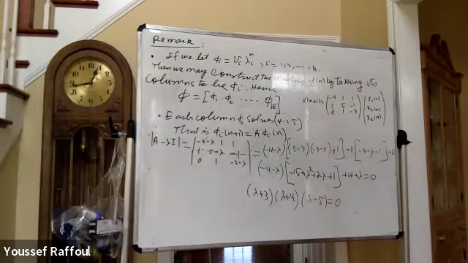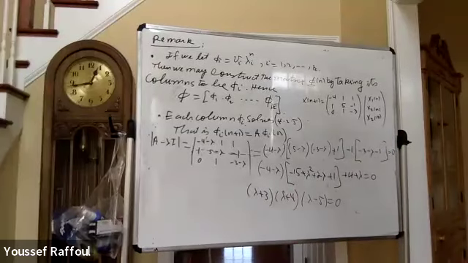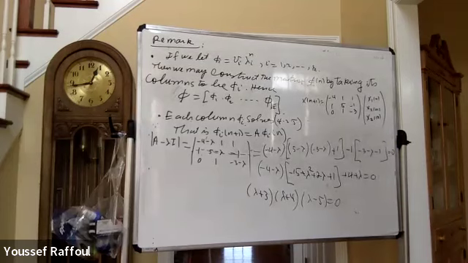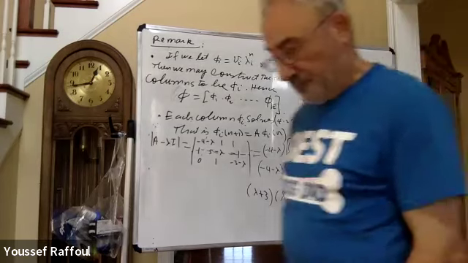Well, if you take minus 4 and put it in here, you automatically get 0, and then you can factor it out.